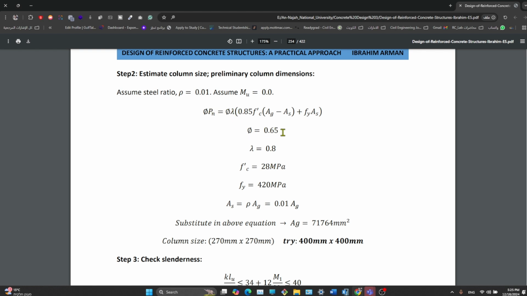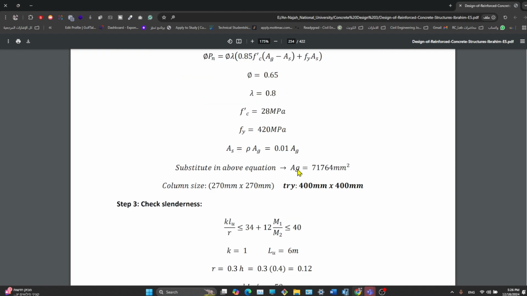Phi is 0.65, because it's a tied column, lambda is 0.8, and 0.85 fc prime is given. AG we need to compute, but AS is a minimum of 0.01 AG, and M ultimate here is 0, as you see. From this equation, we get the AG in square millimeters.